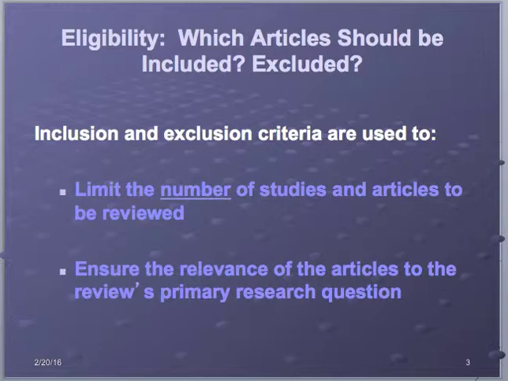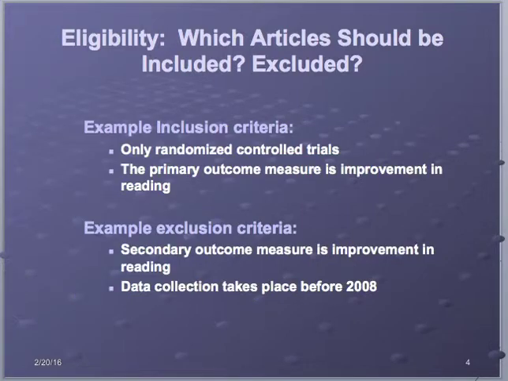Some of the things that she talks about are trying to limit the numbers that you've got, so creating this idea of inclusion and exclusion criteria. In the example that she has in here, one of the things that we haven't done is, she assumes that you are starting with a specific research question, which, as I've mentioned to you in the past, I think is putting the cart before the horse.